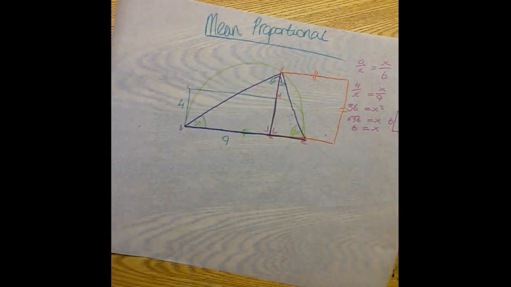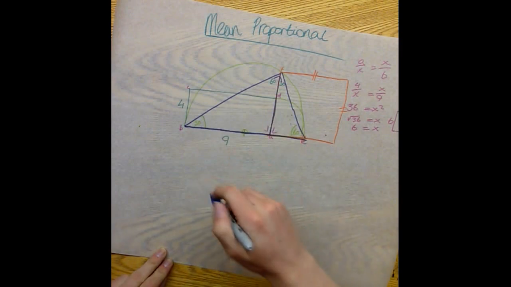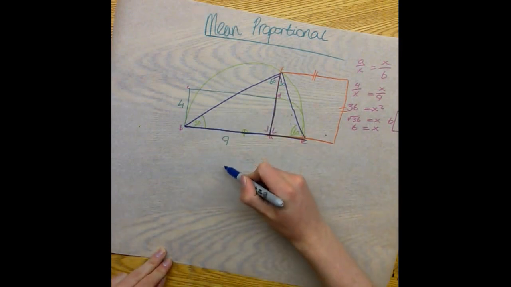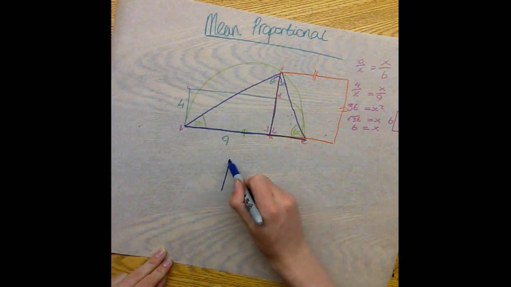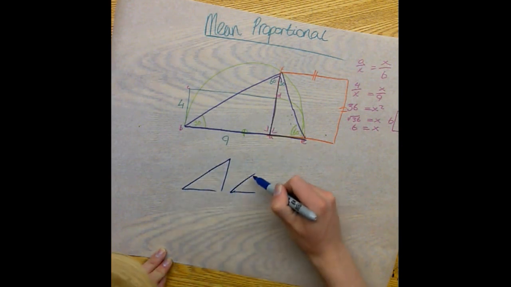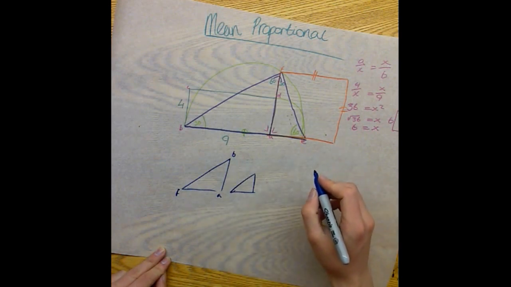So what does this have to do with the mean proportion? If I were to take our triangles here separately and put them down here next to each other, what we would see is that our triangles are similar. So what we'd have is FAB, and we would also have AEF.